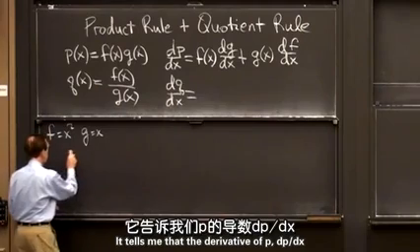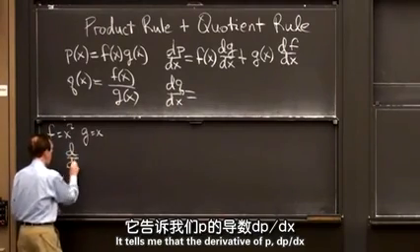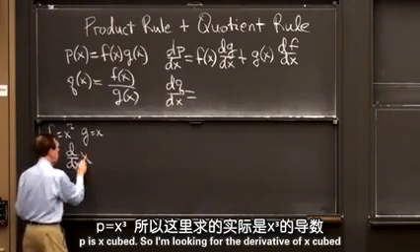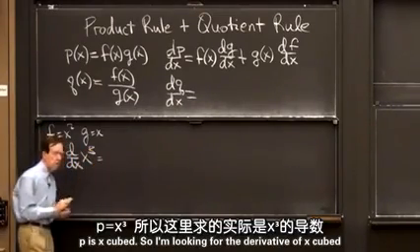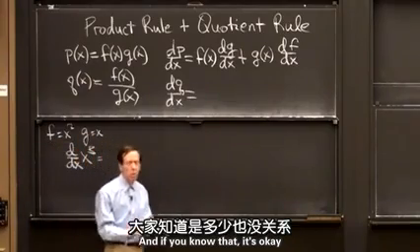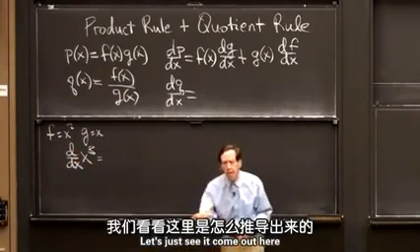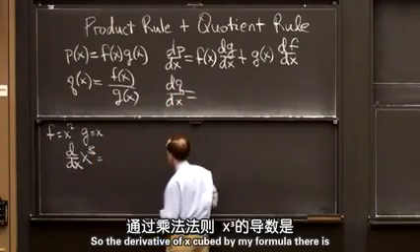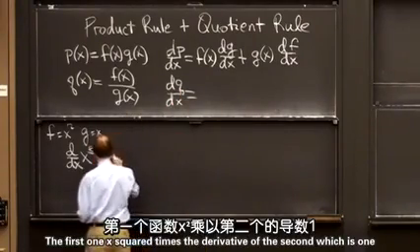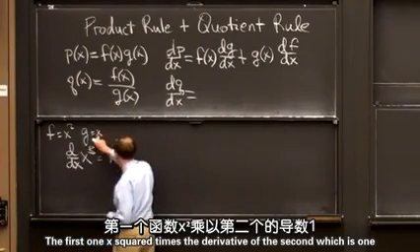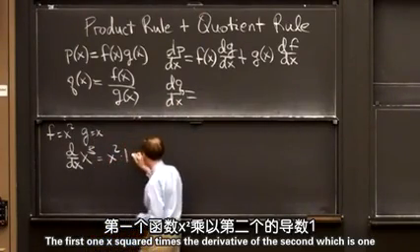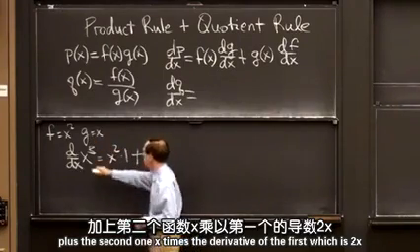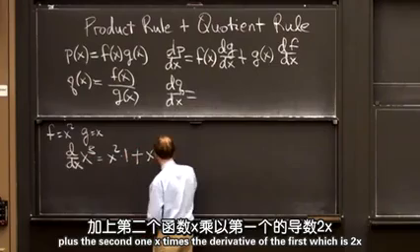It tells me that the derivative of p, dp dx, so p is x cubed. So I'm looking for the derivative of x cubed. Let's just see it come out here. So the derivative of x cubed, by my formula there, is the first one, x squared, times the derivative of the second, which is 1, plus the second one, x, times the derivative of the first, which is 2x.